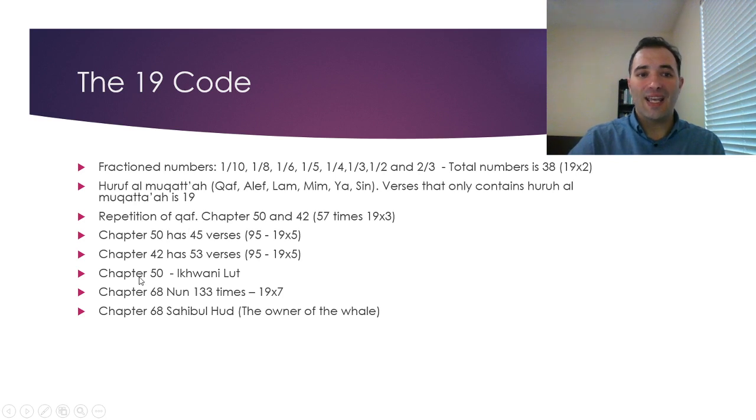But in chapter 50, there is only one mention of the people of Lot, and in contradiction to the entire Quran, it doesn't say Qawmi Lot, the people of Lot. Here in this particular chapter, it says Ikhwani Lot, which means the brothers of Lot, making reference to the people of Lot.